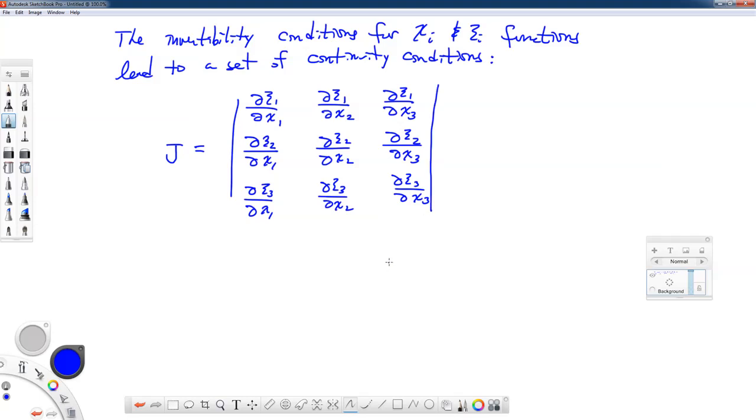Okay, so if we take the determinant, a more simple way to write this would be the determinant of partial of xi i with respect to xj, where i and j are free indices. This is called the Jacobian.